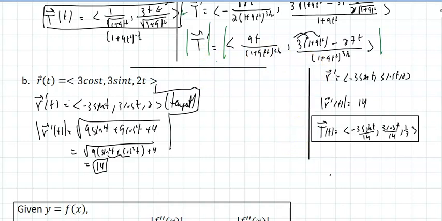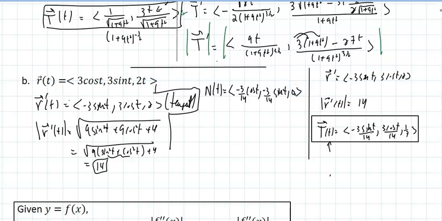Now I want to find, you know what, might as well, let me find the unit normal. N of t would be what? N of t would be, well, the derivative of this divided by something. So that's going to be, what's the derivative of this? Isn't that negative 3 over radical 14 the cosine of t, negative 3 over radical 14 the sine of t, and a 0?